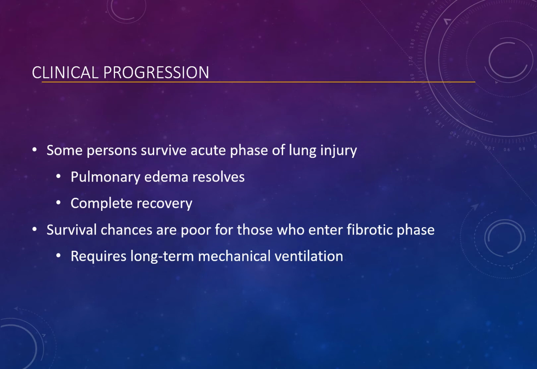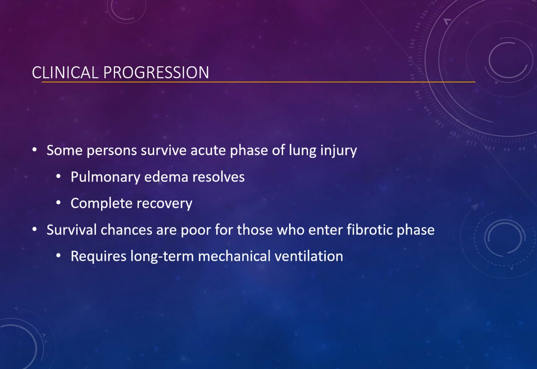So progression of ARDS does vary among patients. Some risk factors I talked about before are age, if they have an infection, if they have poor wound healing, any other types of comorbidities. However, it's not known why some persons repair and recover, and in others it progresses.